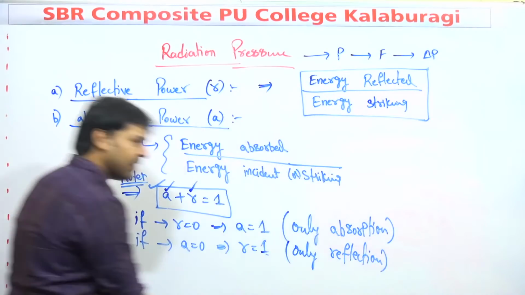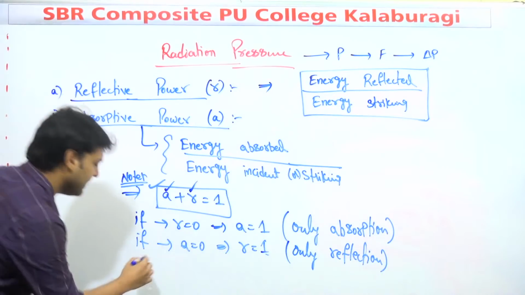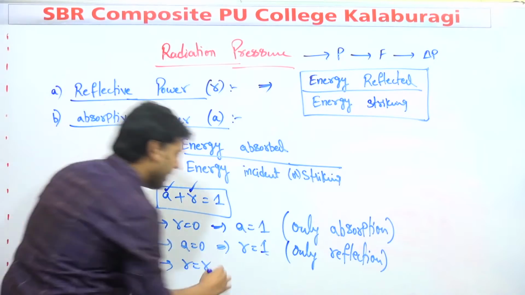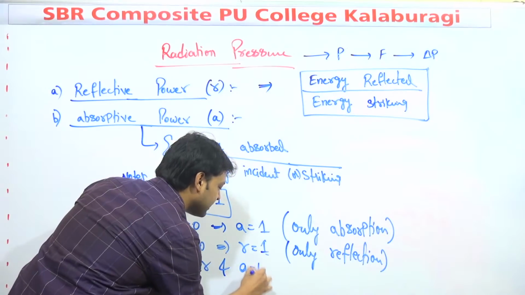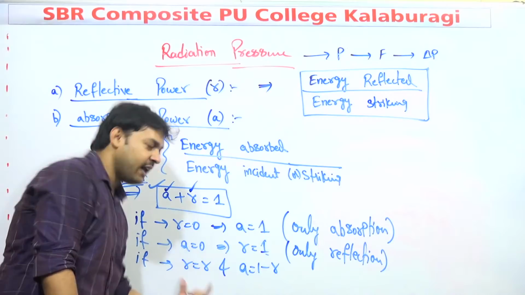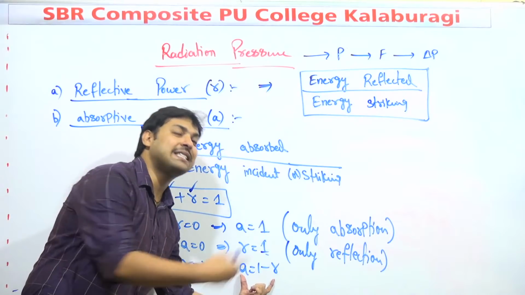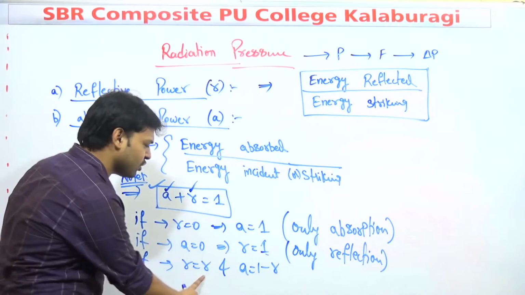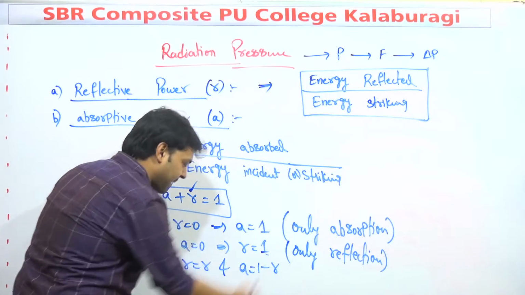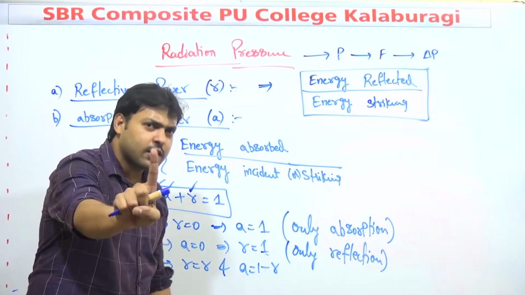If both are there, can I write one more step? Yes. If R equals R and A equals 1 minus R, can I write like this? What do you mean by that? Add these two: R plus 1 minus R. Minus R plus R cancel. So what do we get? 1.